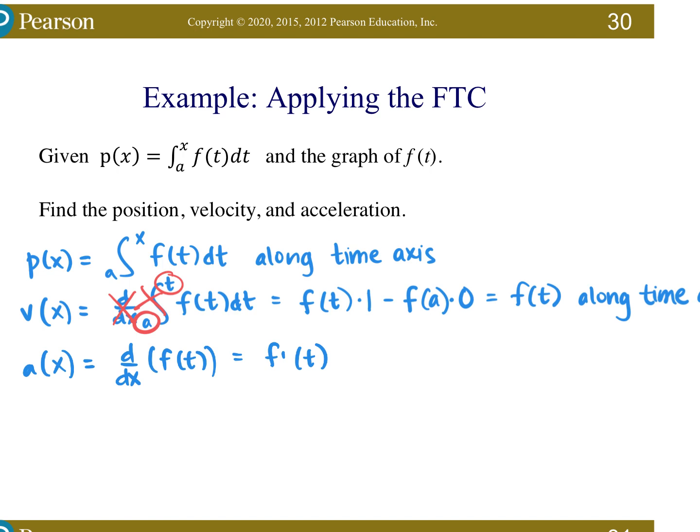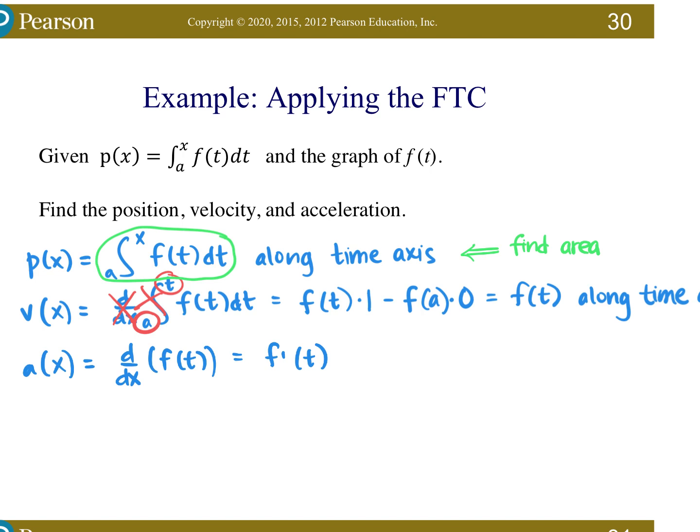All right, so what do all these things mean and how do we evaluate them? So the position is going to be done by finding the area, because that's what this means. It means find the area. So if I need to find the position, then I'll be finding the area.